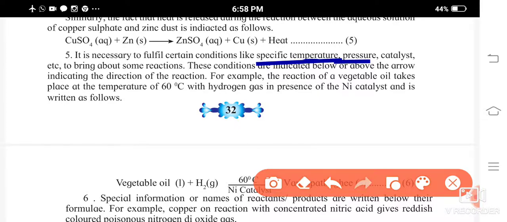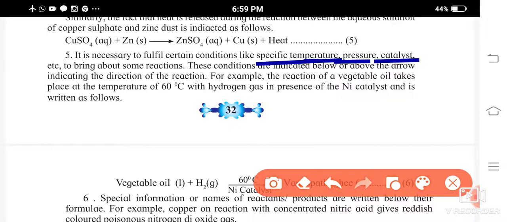You require certain pressure, you might require a catalyst also to bring about some reactions. Specific temperature means you might require to supply heat to maintain a specific temperature for the reaction to take place, or you might require to supply pressure, or you might require a catalyst also.